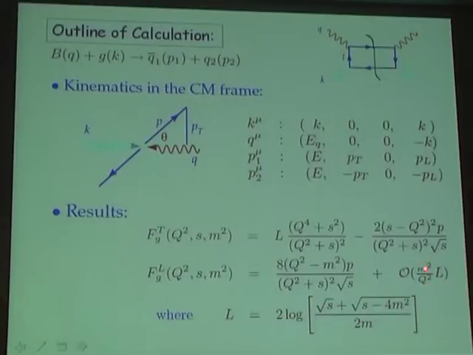This is a power law correction. This goes to 0 in the limit. This ratio is small. So you can again see that the divergences occur in different ways for the transverse and longitudinal, and that's something to keep in mind.